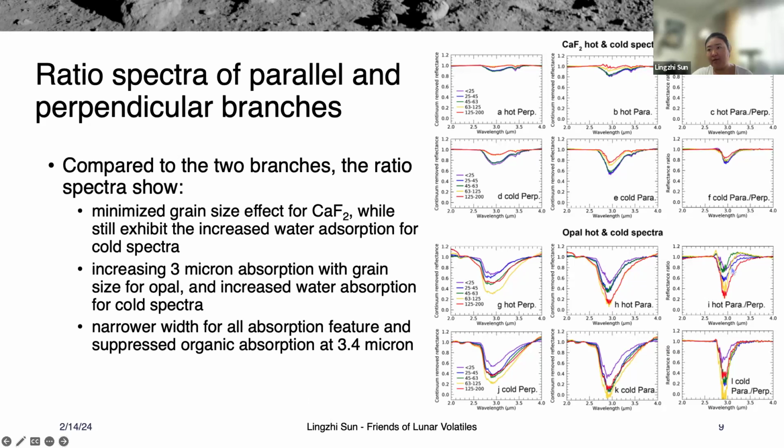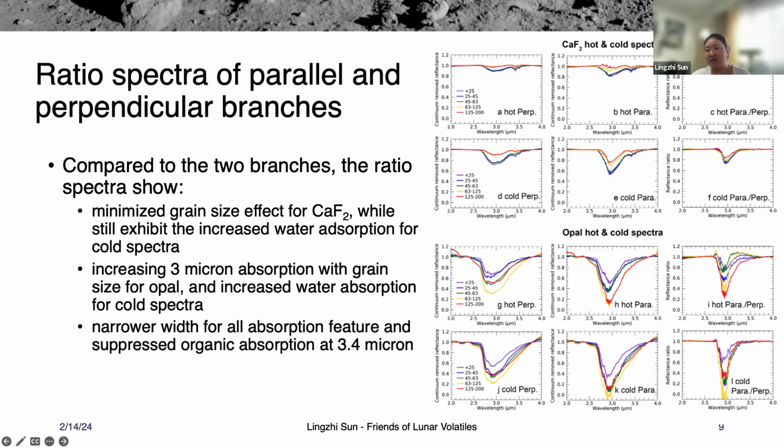But for opal, it's quite different. This 3-micron depth sort of increases with grain size, but still the cold has stronger absorption than the hot. Also, in this ratio spectra, the organic absorption at 3.4 and 5 sort of disappeared, so it suppresses the organic absorption.